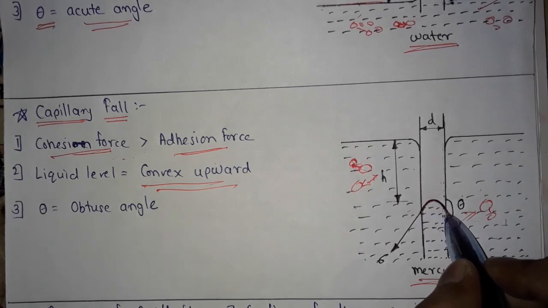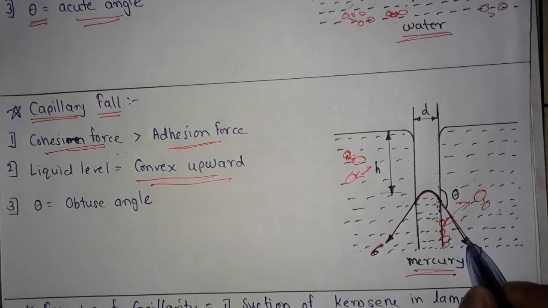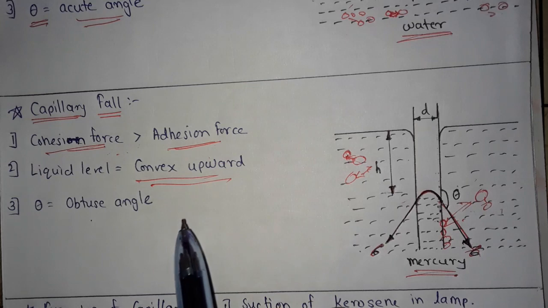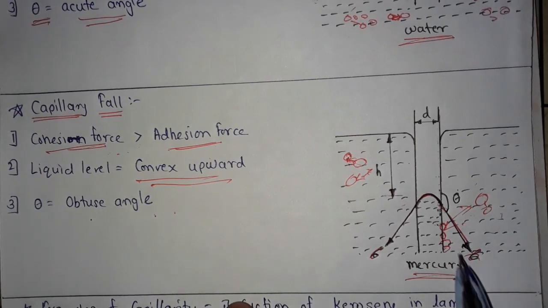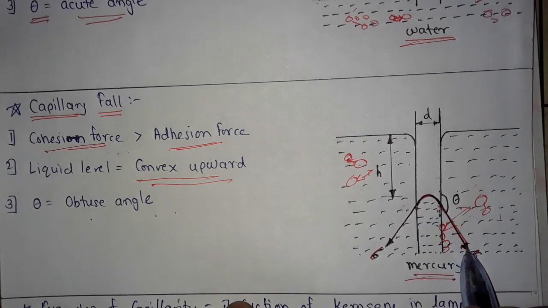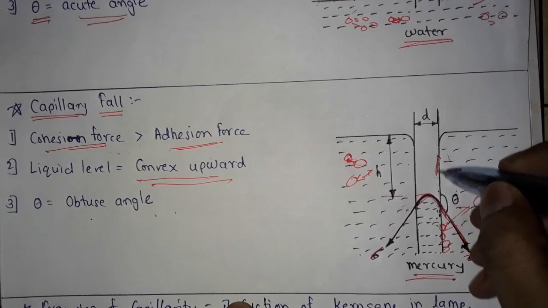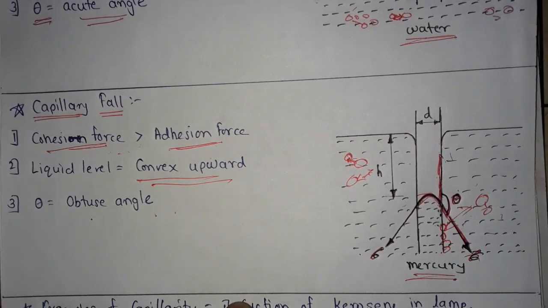This is the surface tension and denoted by sigma here. And theta is an obtuse angle in this case, that is the angle between the surface tension, that is this line, and the vertical, that is this, and this is the theta, which is an angle greater than 90 degrees.